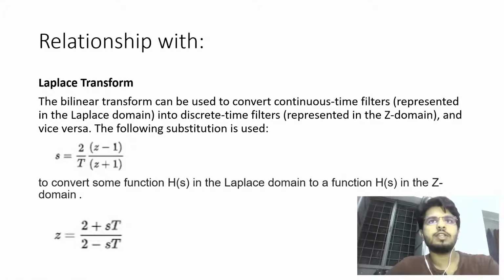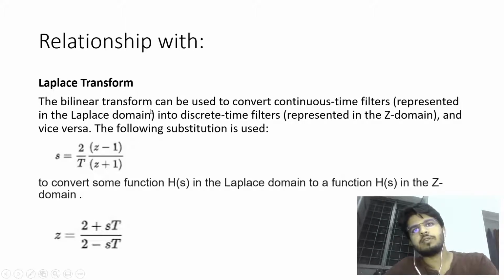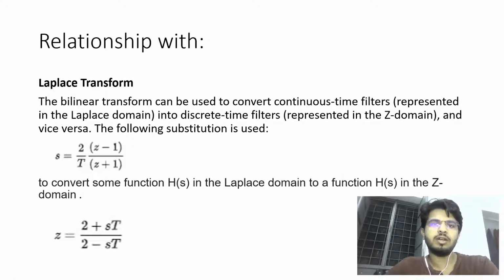Now we're going to discuss the relationship of Z transform with Laplace transforms. If we have to convert a continuous time filter to a discrete time filter, that is, if we have to go from the Laplace domain to the Z domain, that is S to Z, we can use this formula over here and convert a continuous time filter to a discrete time filter.